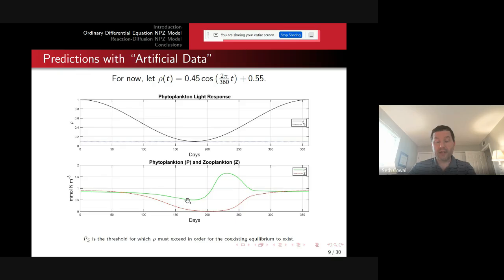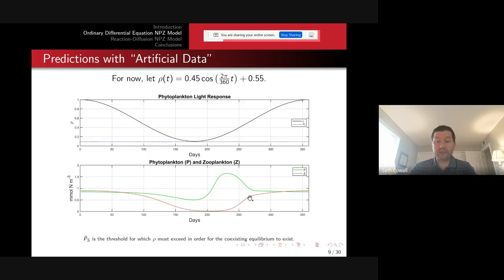Naturally the phytoplankton population decreases, and there's less food for the zooplankton. But as the sunlight increases again after the winter solstice, the phytoplankton get a chance to grow without much grazing pressure, at least at first, from the zooplankton, and thus we get a rapid increase, or a bloom, of phytoplankton.